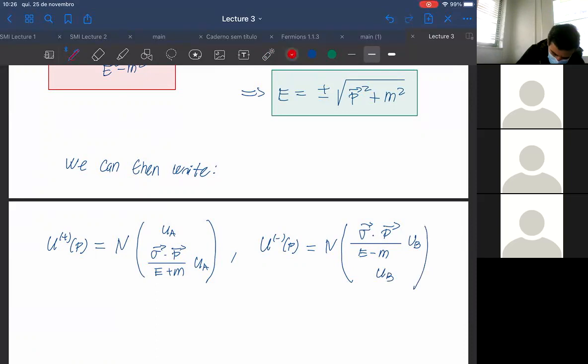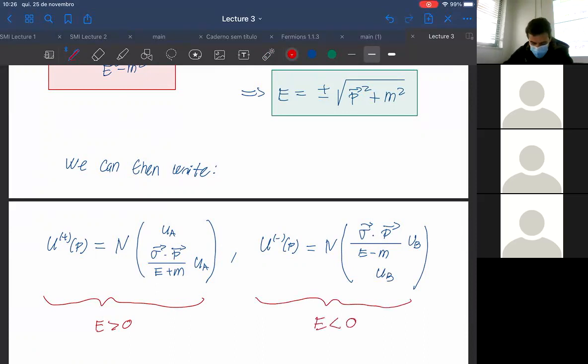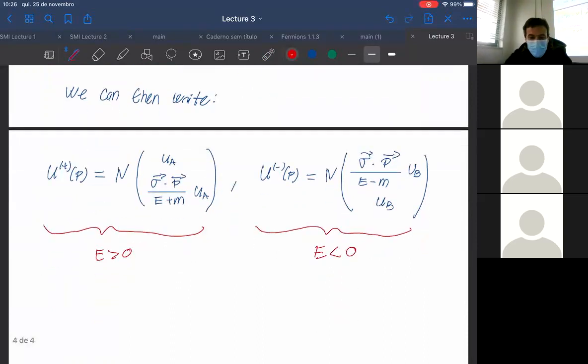So what we have is that here we have the positive energy solution, and here we have the negative energy solution. Right. We can further expand this.